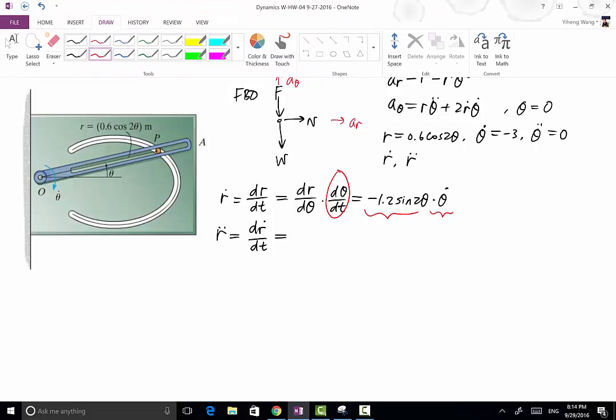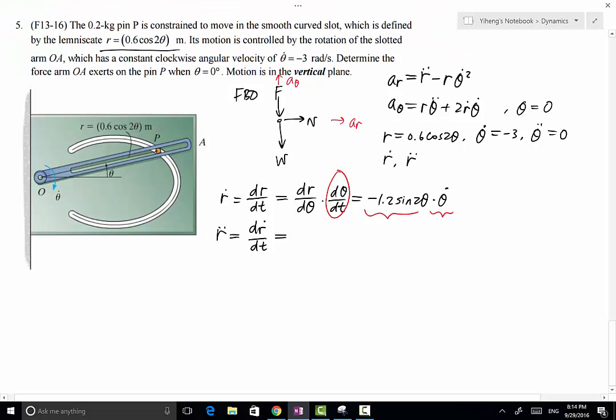So let's pull out the constant negative 1.2. Within the parentheses, first we have d sine 2 theta/dt times theta dot, keep that the same, plus sine 2 theta, keep that the same, times d theta dot/dt.